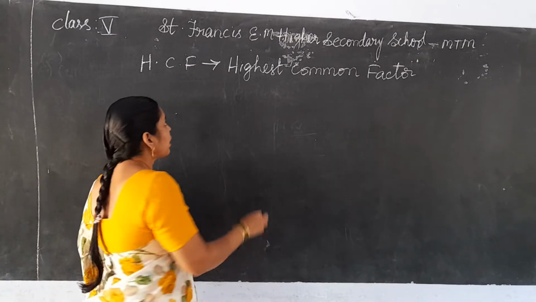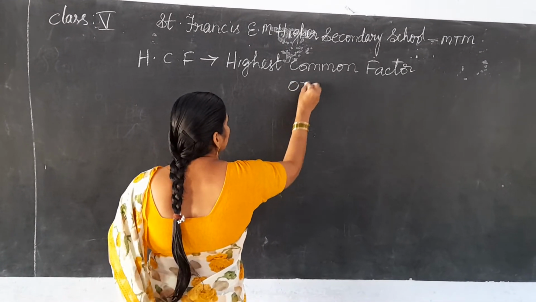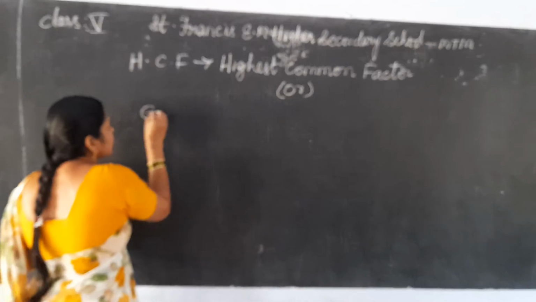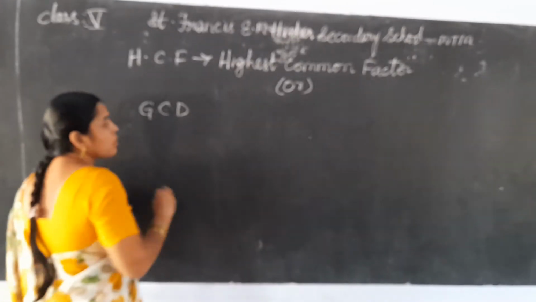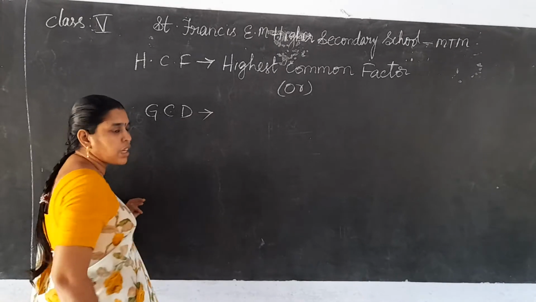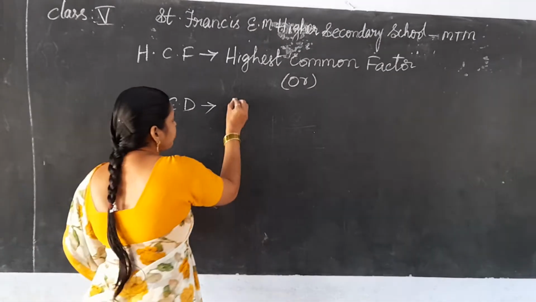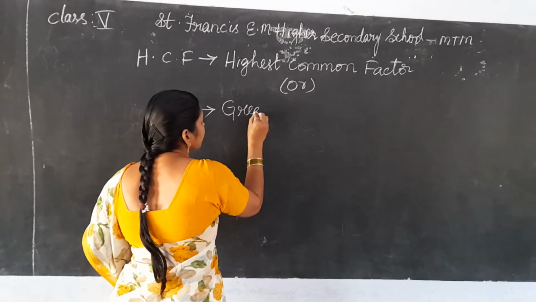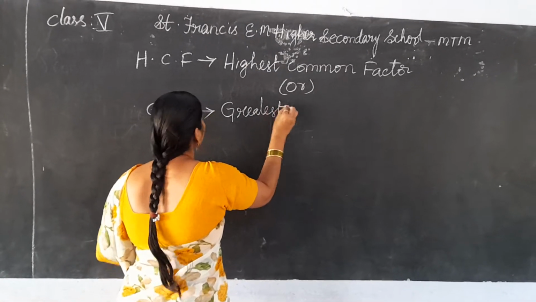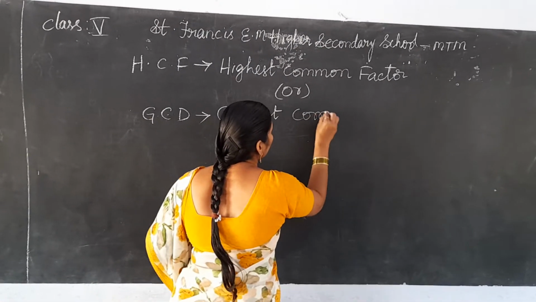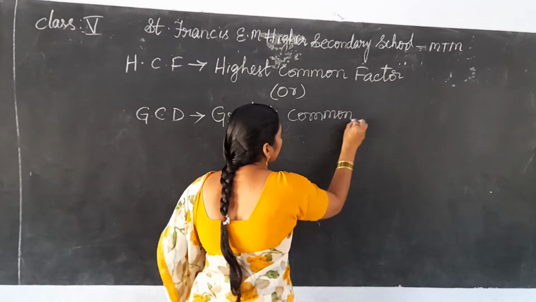And another one, this is also called GCD. What is the meaning of GCD? Greatest common divisor.